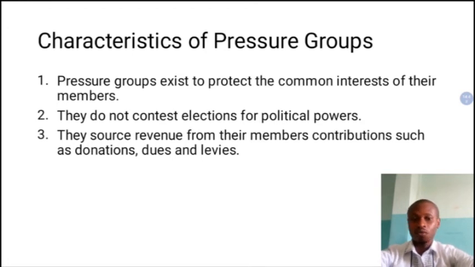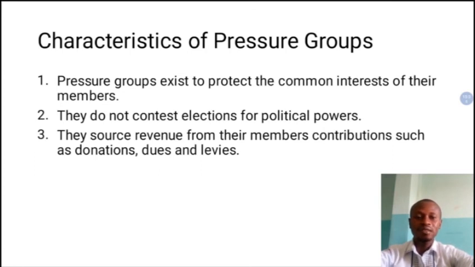And somebody will ask, what about the anomic group? Yes. The interest of the anomic group is to protect the interest of the general public. So it's also their interest. So every pressure group aims at protecting the interest of its members.